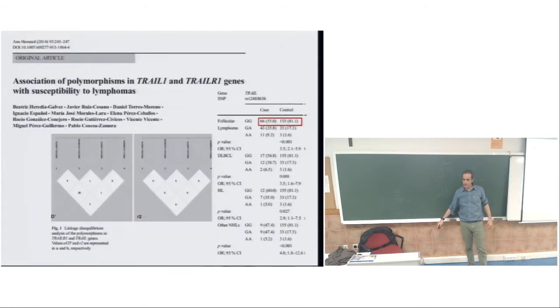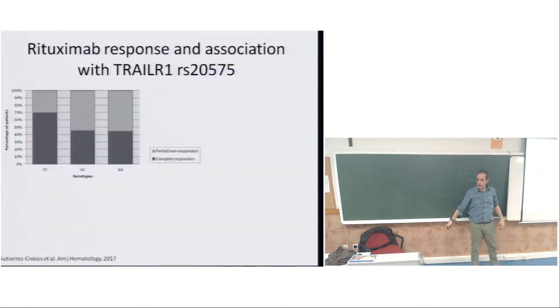This is some study we performed, looking at polymorphisms in genes coding that receptor that were associated with response. So we could predict by a genetic test if the patient is going to respond to that therapy.